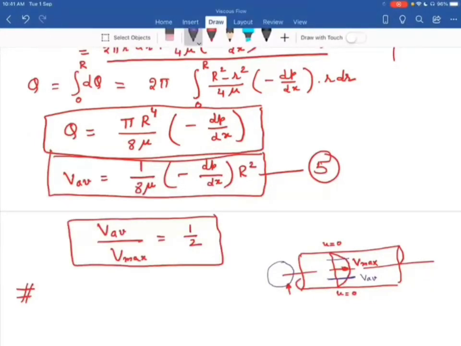So now we have to find out that radius r, for the layer whose velocity becomes equal to V average.